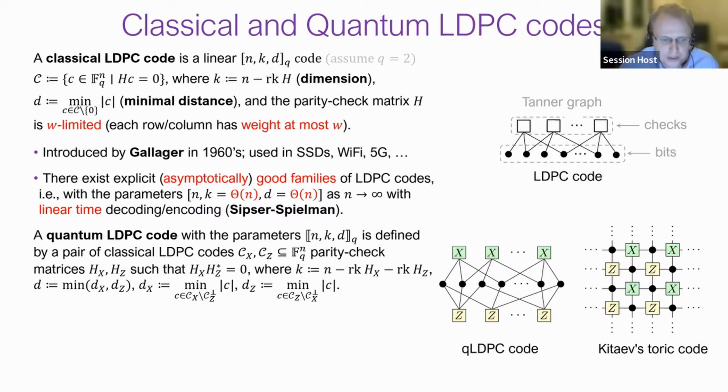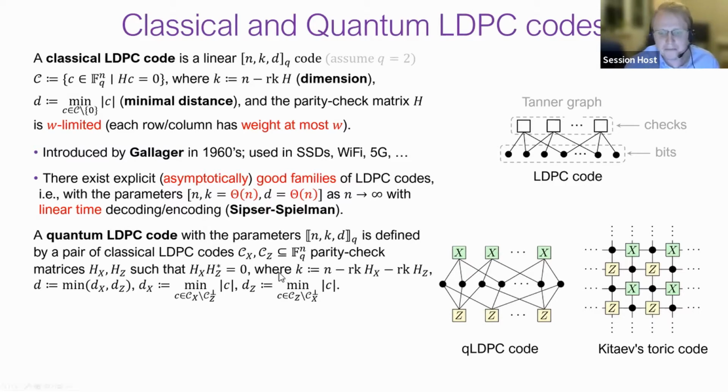As you know, a CSS code is usually defined by a couple of classical linear codes, defined by the corresponding parity check matrices HX and HZ, which roughly speaking correspond to the X errors and Z errors, Pauli errors, that occur in your quantum code.